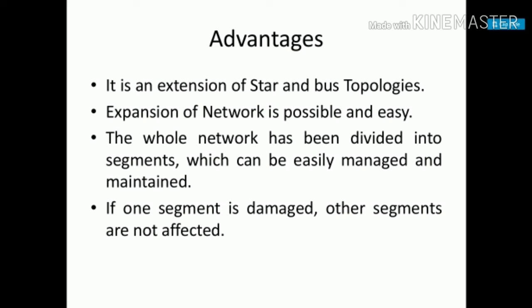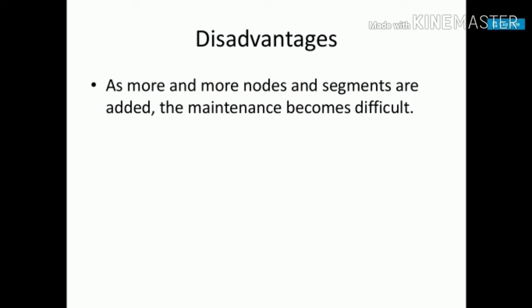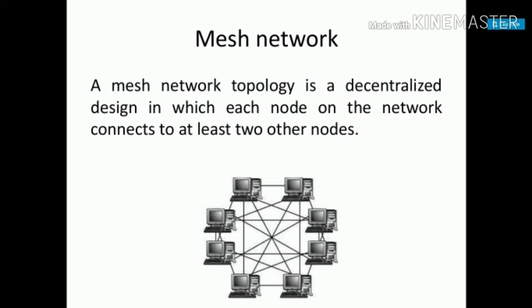If one segment is damaged, other segments are not affected, so the network can keep running. There is very little disadvantage: as more and more nodes or segments are added, the maintenance becomes difficult.